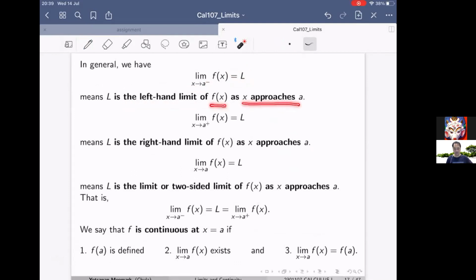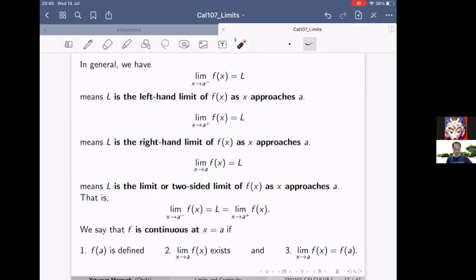On the other hand, if this one is positive, then L is the right hand limit of a function f as your x approaches a. And without any sign indicated, it means that L is the limit, or the two-sided limit, of a function f as your x approaches a.